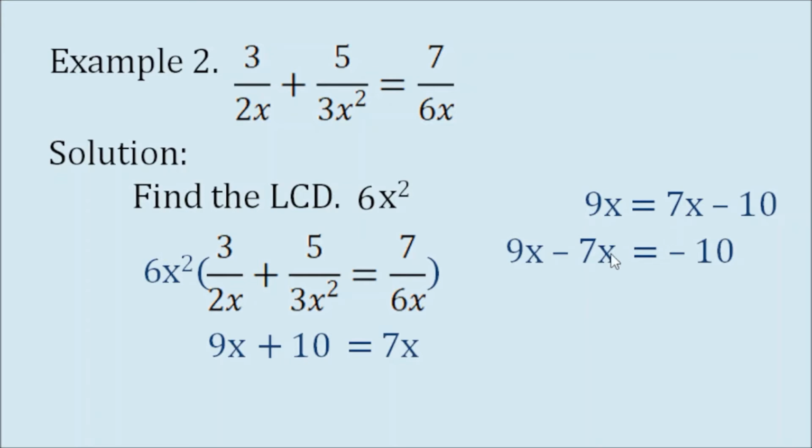We have 9x minus 7x equals negative 10. Now 9x minus 7x is 2x, so we have 2x equals negative 10. Dividing both sides by 2, we have x equals negative 5. So for our equation number 2, our solution is negative 5.